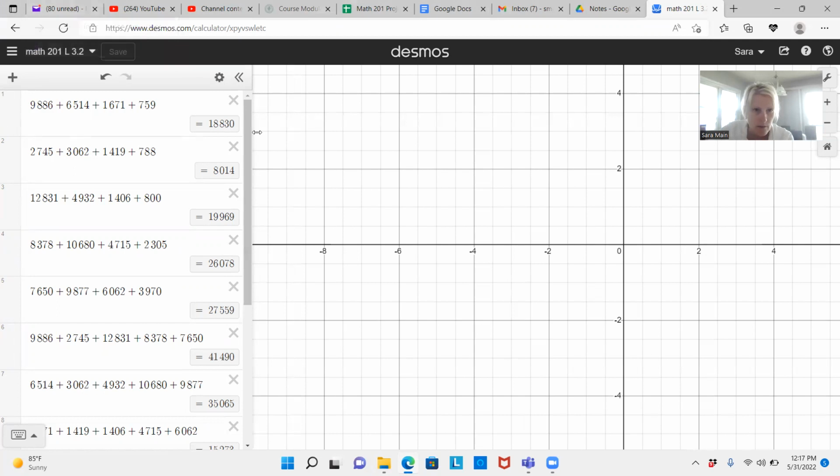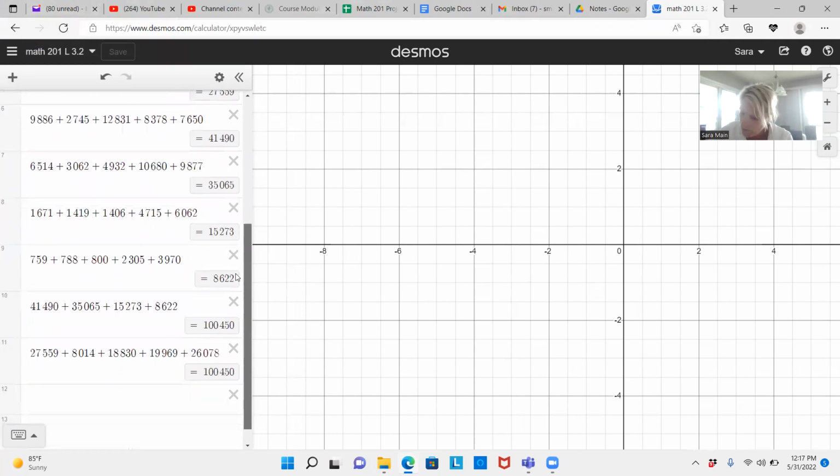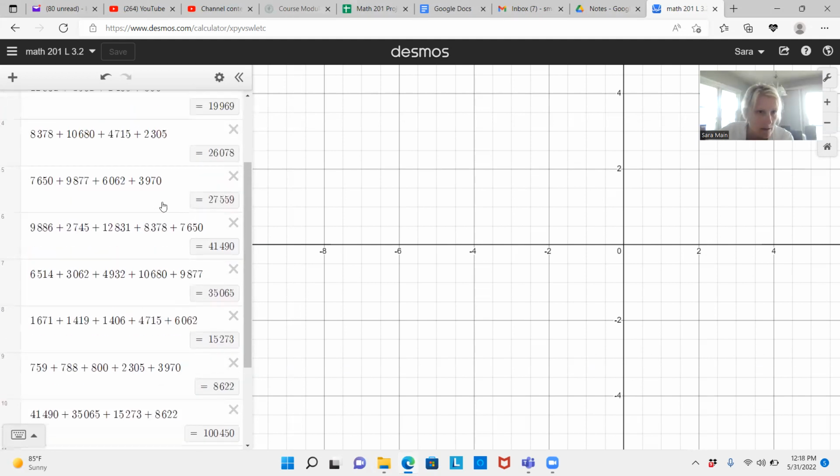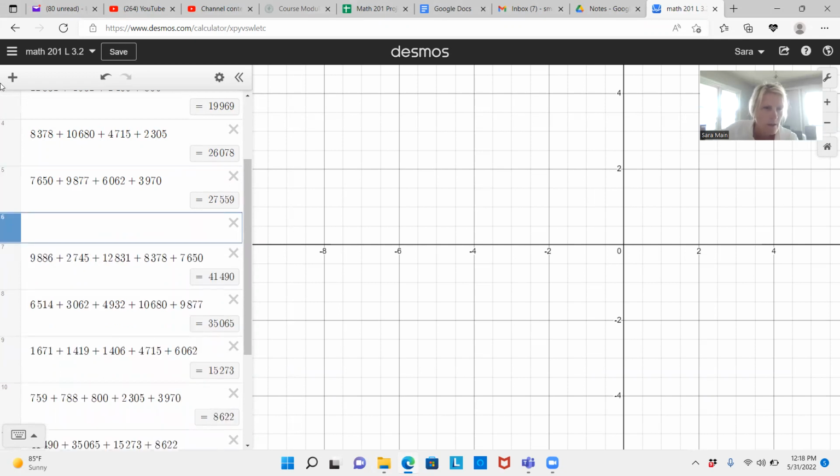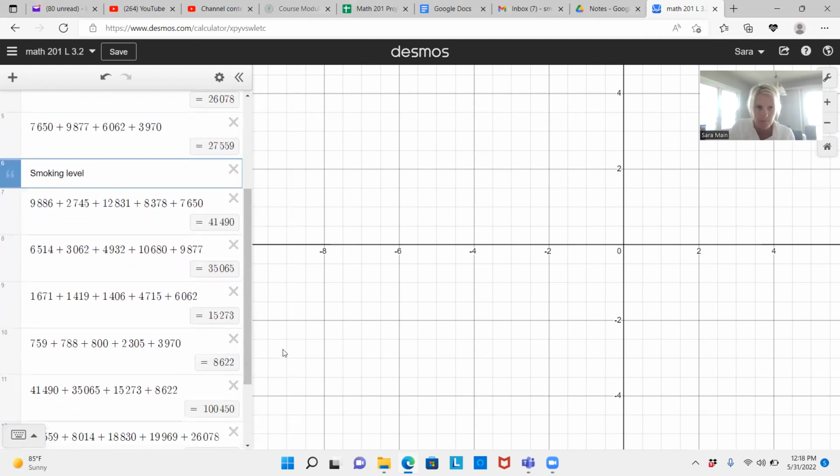And then we also have to add the rows. So those were the columns by ethnicity. And now we're going to do the rows, which is your level of smoking. I'm just going to put a note in here. This is better. Okay, so the level of smoking is down below here. So we have 41,490.